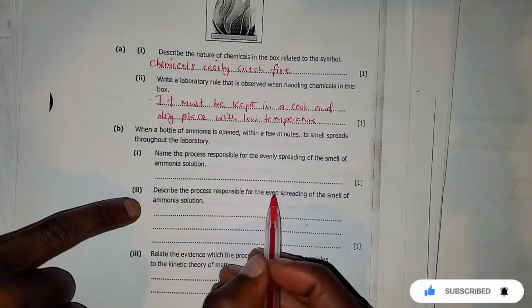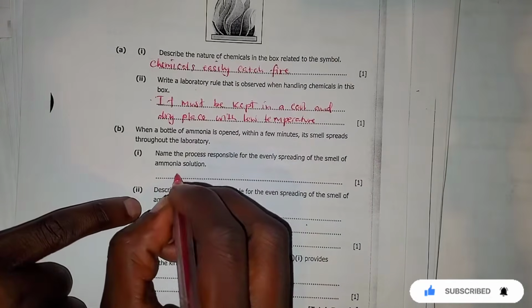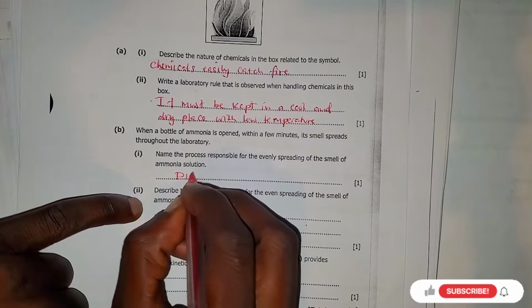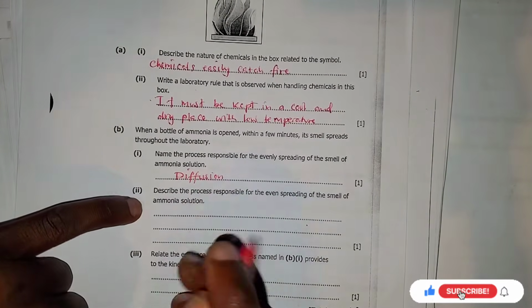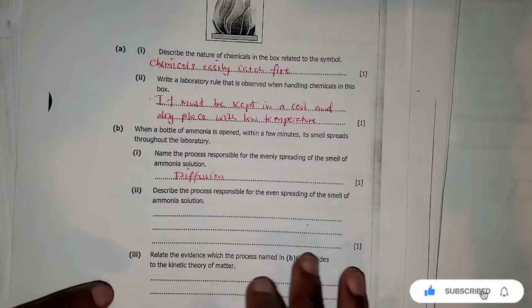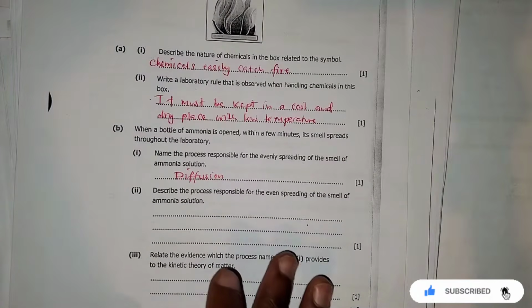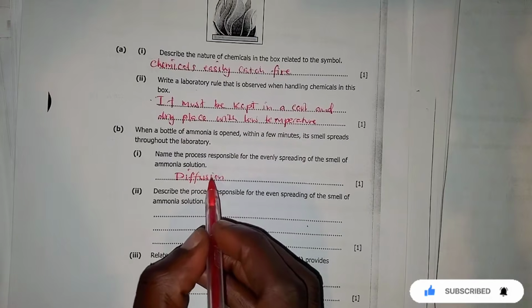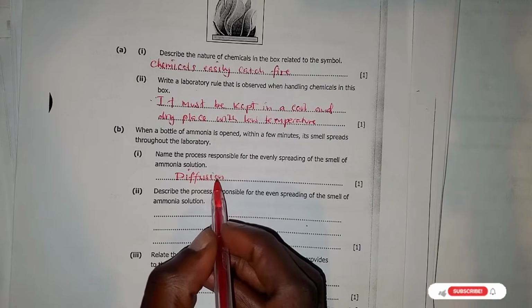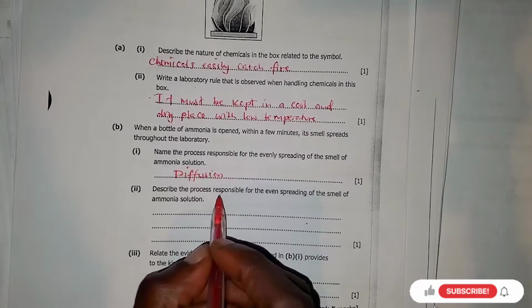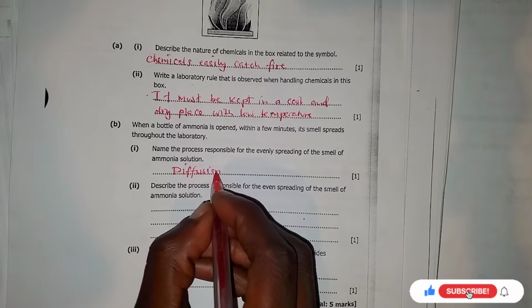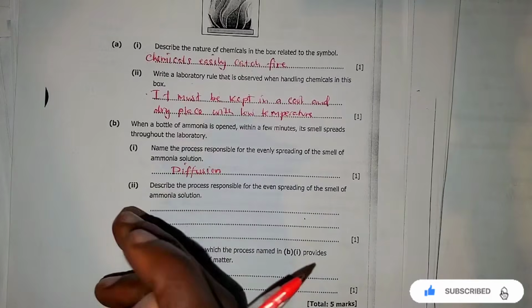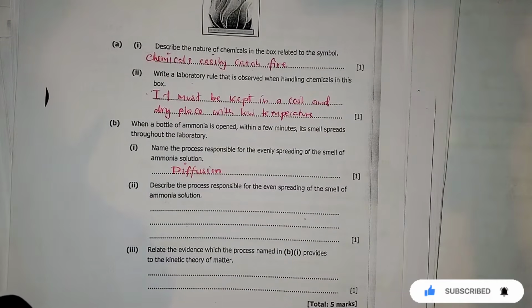So the process here is called diffusion. Not osmosis or active transport, but it is what? Diffusion. Okay? Because diffusion is just the movement of particles from the region of higher concentration to the region of lower concentration, down the concentration gradient.